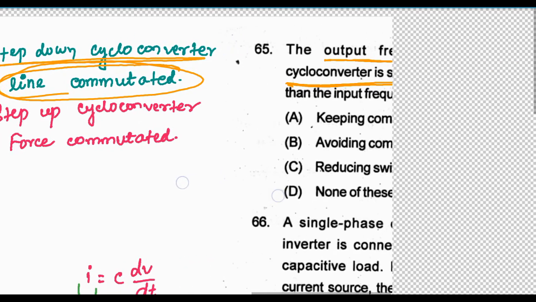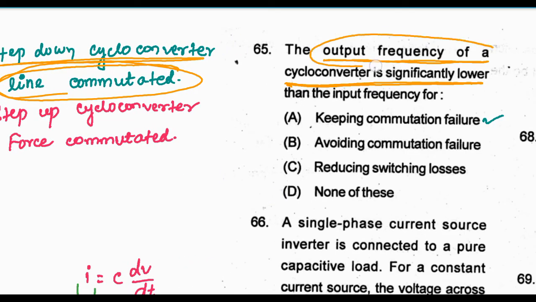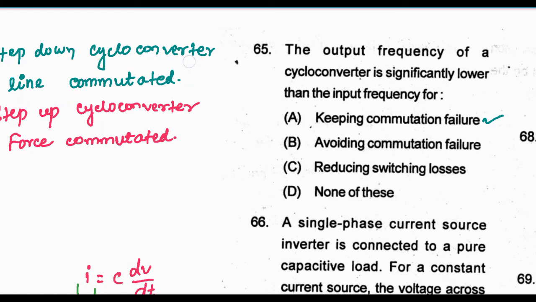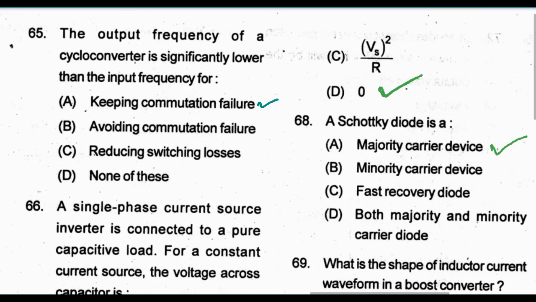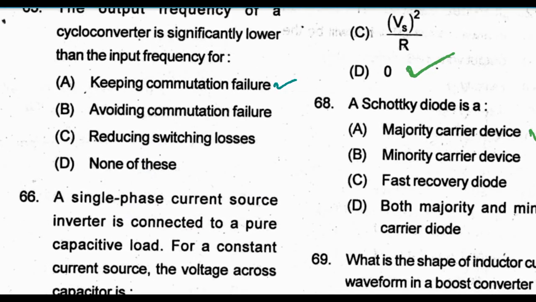But in this case the output frequency is lower than that of the input frequency. So we can say that this one is a step down cycloconverter, and line commutation is needed. So which option will be the correct one? Option A is given, keeping commutation failure, avoiding commutation failure.